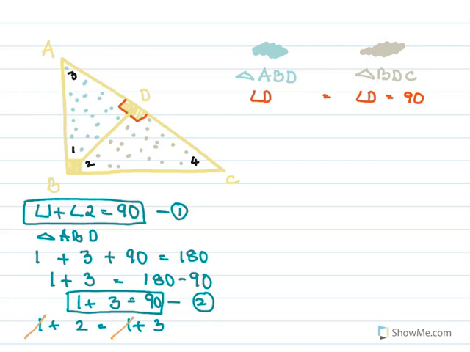So let's mark that now. This 2 is equal to 3. So I got another pair of angles that are equal. This 3 belongs to this, equal to 2.